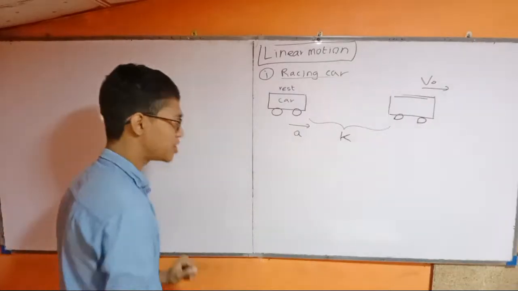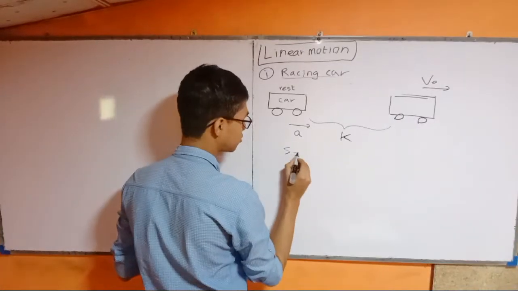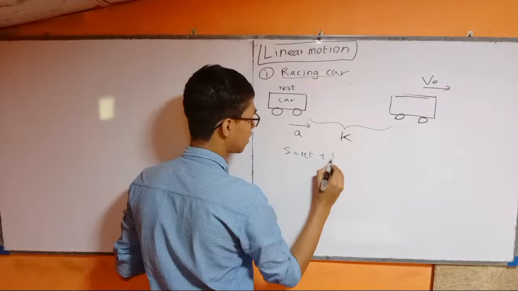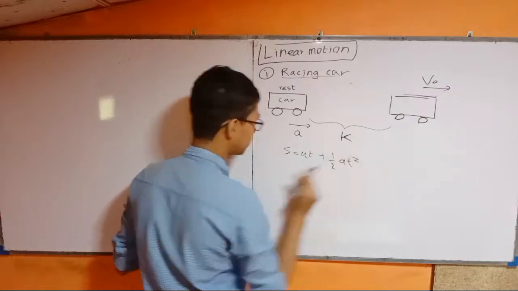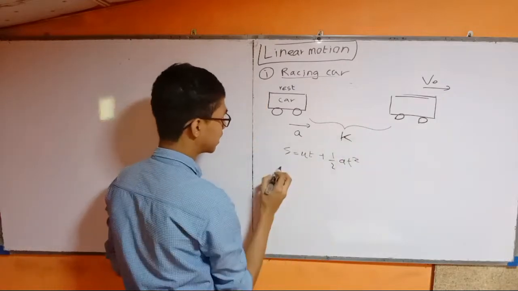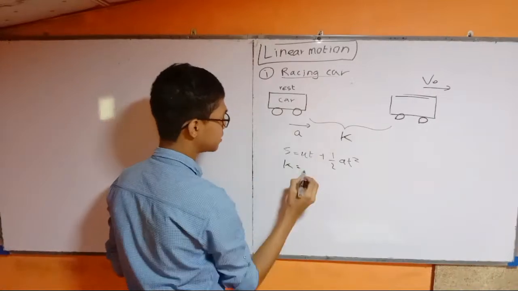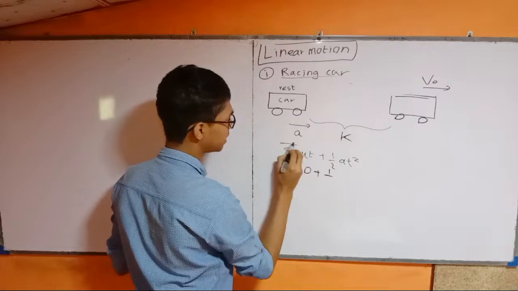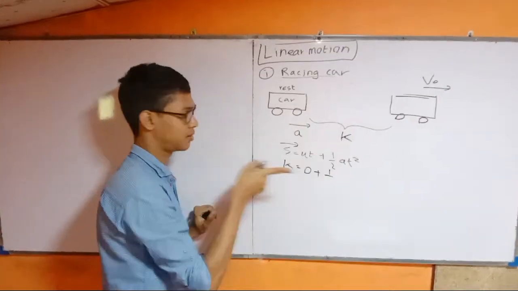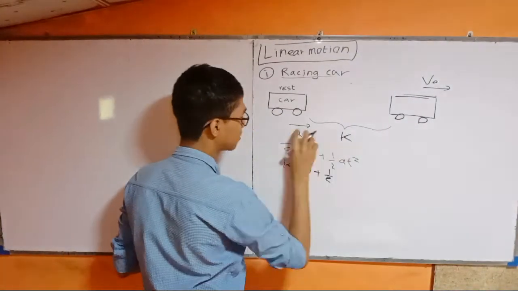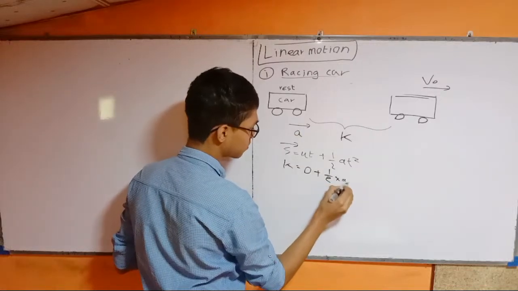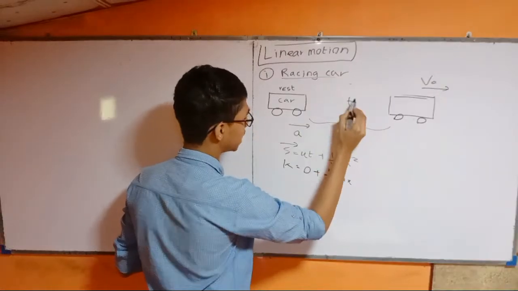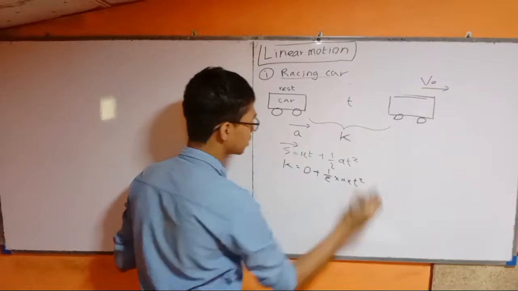So we apply the equation of motion s equals ut plus half at squared. Displacement k, initial velocity 0 plus half, acceleration a positive into t squared.